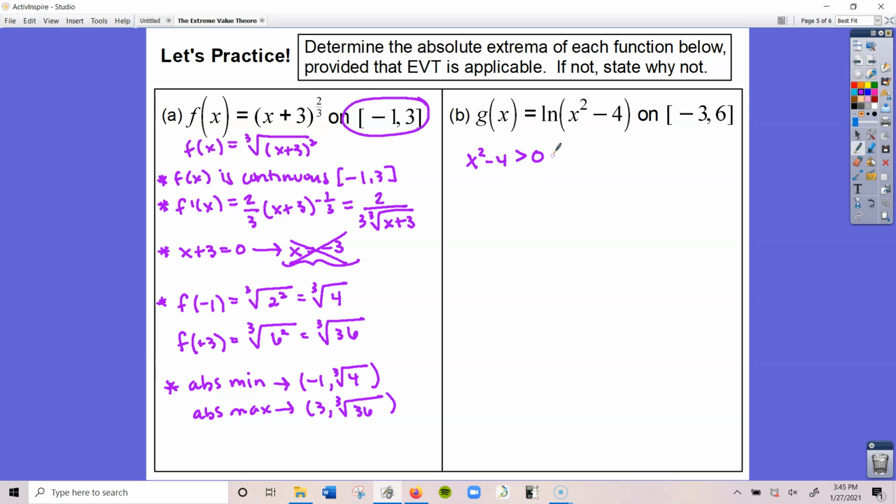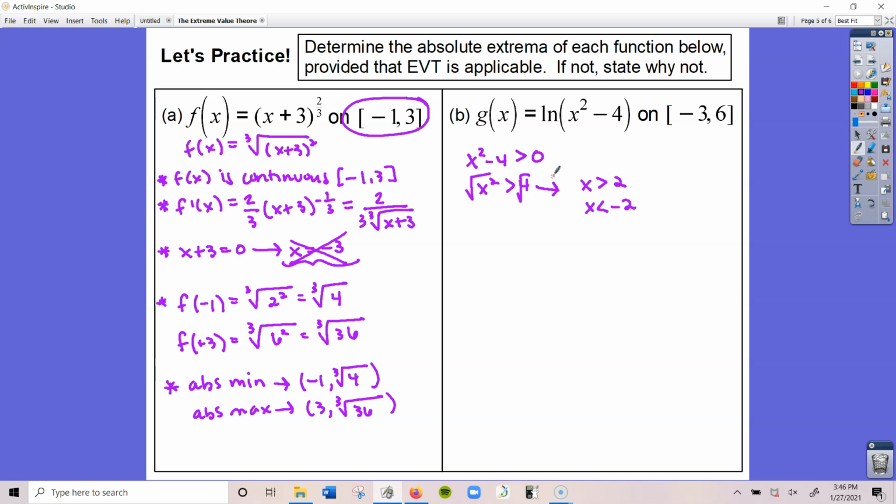Solving for x, we add the 4, so x squared is greater than 4. And then square root both sides, we get that x is greater than 2 and x is less than negative 2. So when you're square rooting with an inequality, you know the square root is always plus or minus. So the square root of 4 gives you a positive and a negative 2.